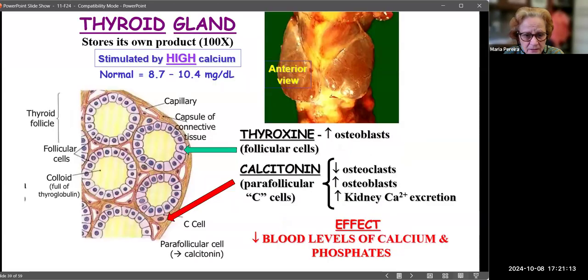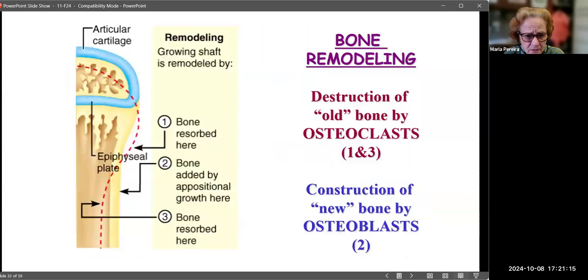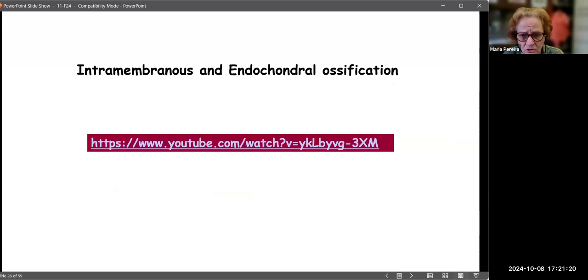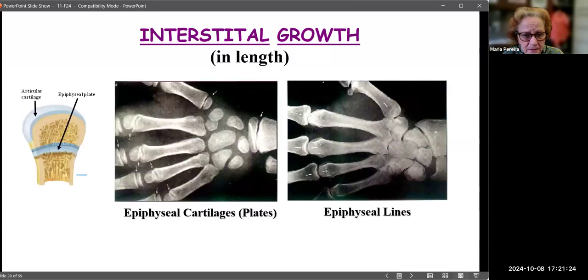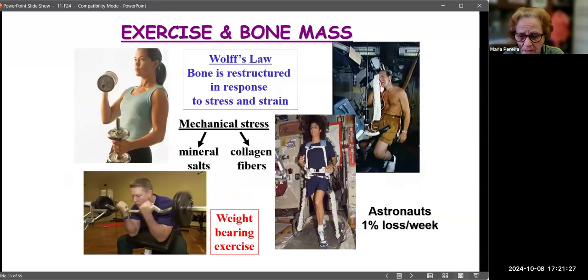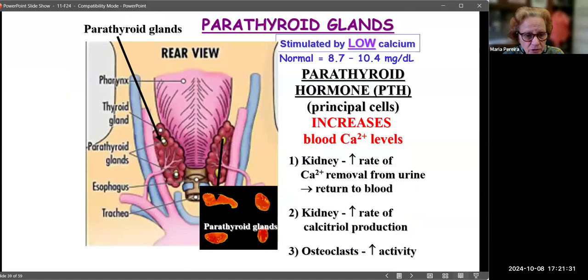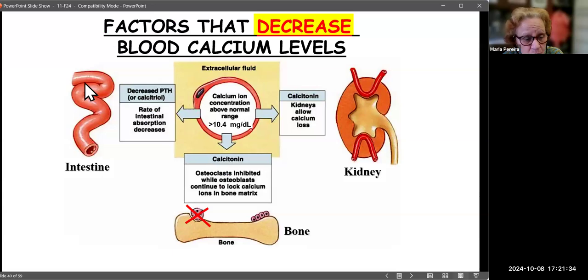Why is the gut important? Because the gut has a calcium source: we ingest food with calcium.